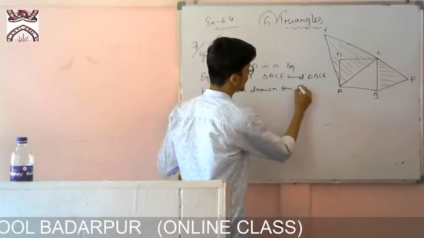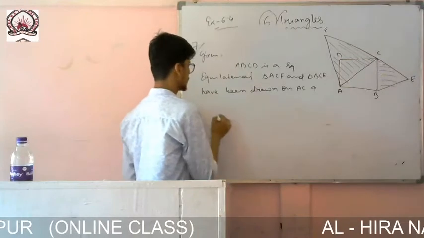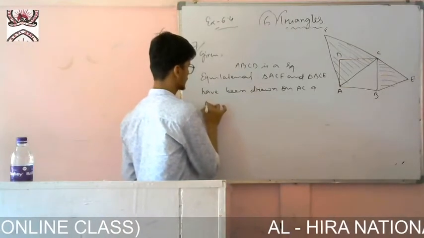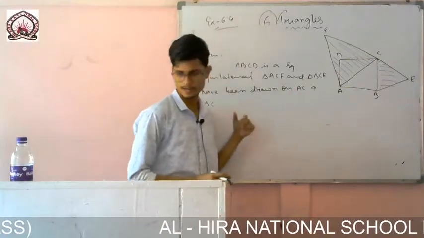ACF is drawn on AC, that is the diagonal AC, and BCE on the side BC. I am just writing AC and BC. If you want, you can write diagonal AC and side BC.